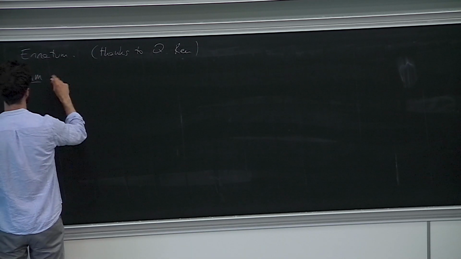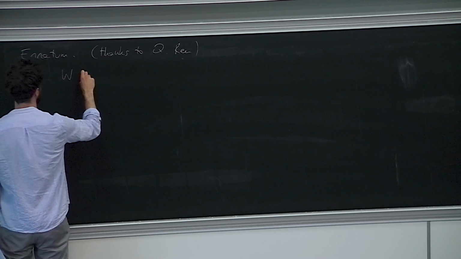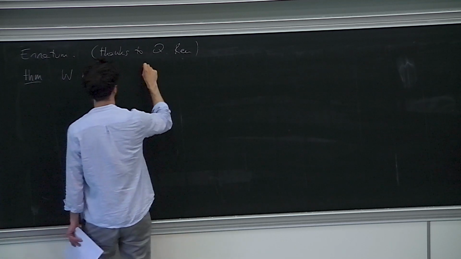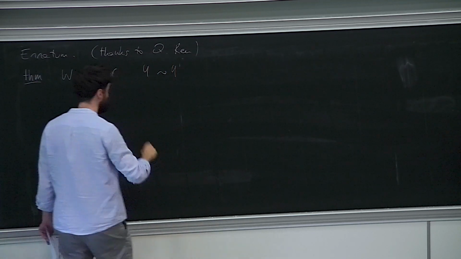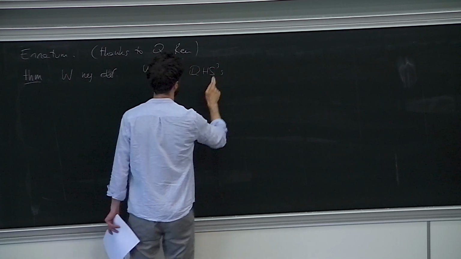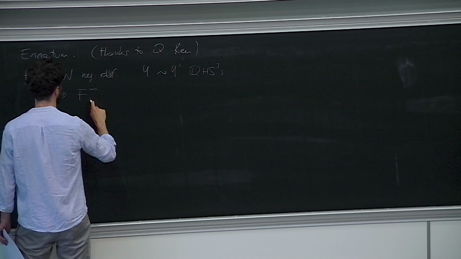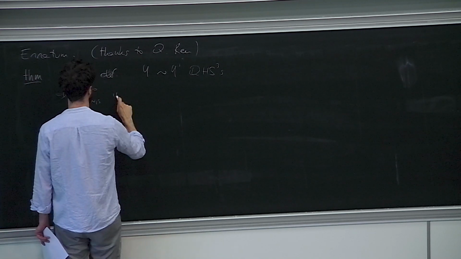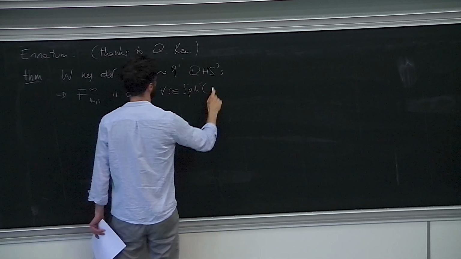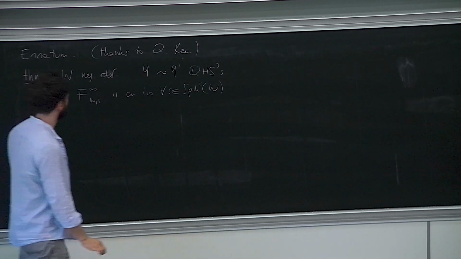So I had a theorem or a fact, I don't remember, that said that if W is negative definite, and it's a cobordism between two homology spheres, then F infinity W S is an isomorphism for every S spin-C structure on W. This is actually false as stated.